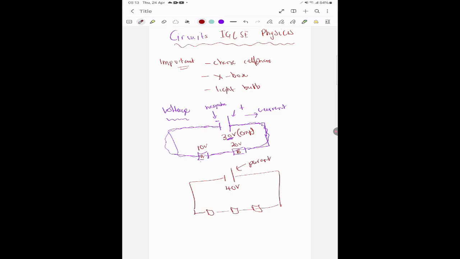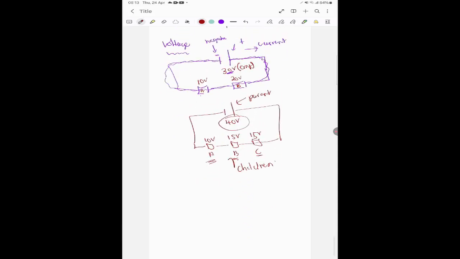The resistors are like children. If this child gets 10 volts, and maybe this child gets 15 volts, that leaves child C to also get 15 volts, because these 3 children will inherit what they get from their parent. I hope that makes perfect sense. So voltage is sort of like a family.